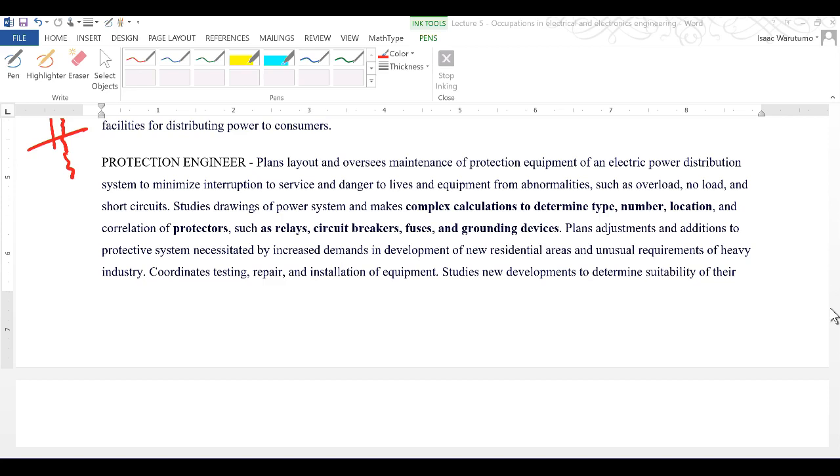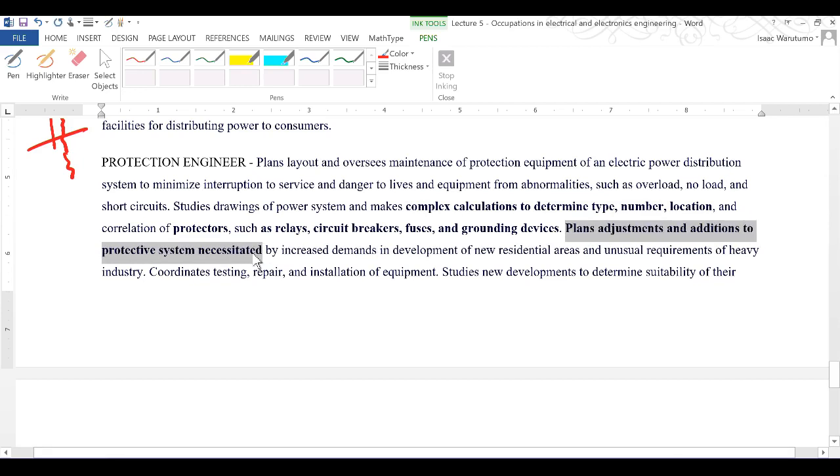For instance, if a new industry has been erected in a given area, that industry might require a lot of power compared to what other residents were using. That would necessitate an adjustment, such as an additional transformer to be installed, because there is increased demand in a new residential area.